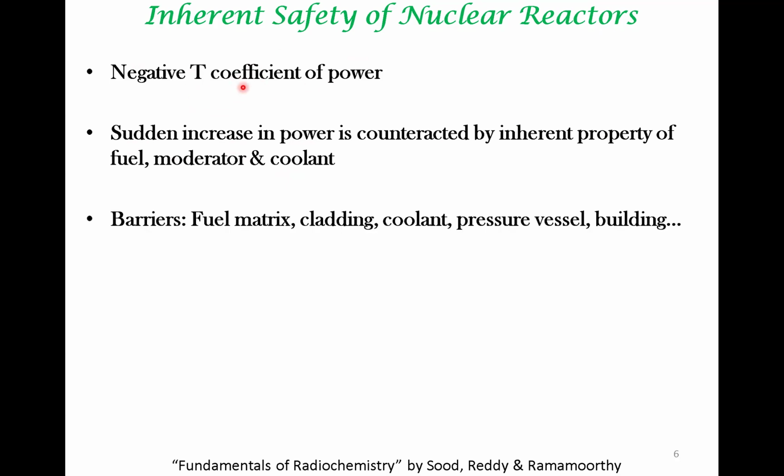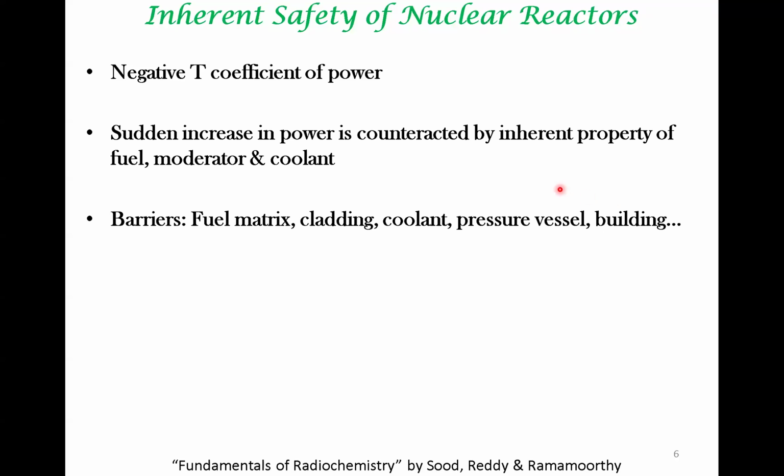There are also a lot of barriers. There's a fuel matrix. The matrix and other components provide the initial barrier to emanations from the fuel. Then there is cladding, coolant, pressure vessel, building, and there is a containment area. Whenever there is a nuclear reactor, a few kilometers are called the containment zone, and it is typically away from highly dense areas.